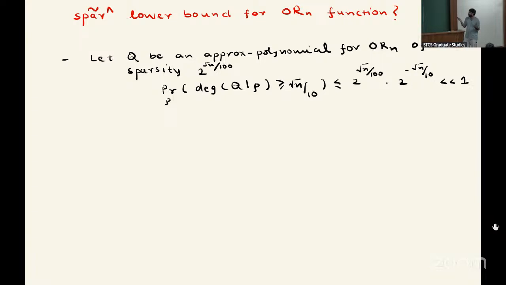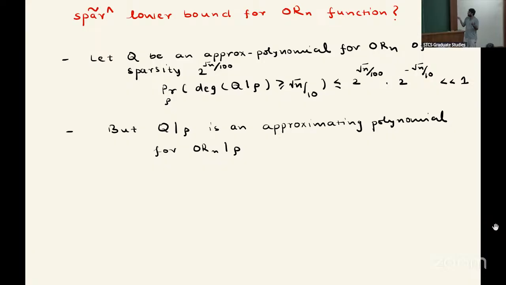Why? Because there are only 2 to the root n by 100 monomials, and each monomial of degree more than root n by 10 will be killed with probability 1 minus 2 to the minus root n by 10. So by a union bound, I know that the degree cannot be more than root n by 10 with high probability, right?